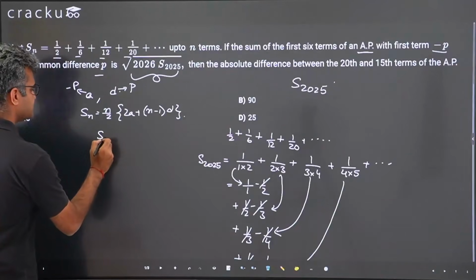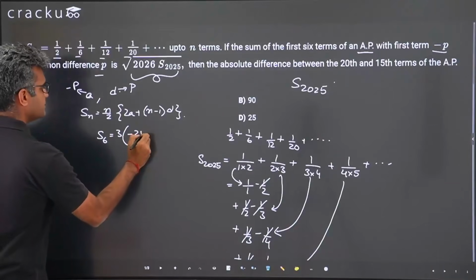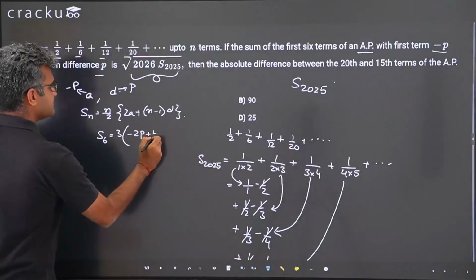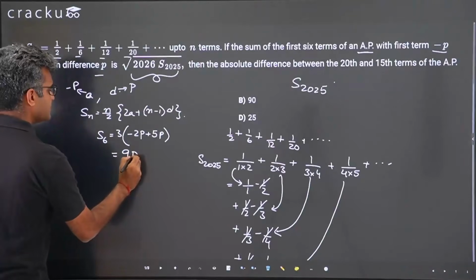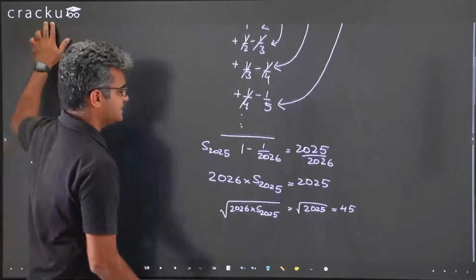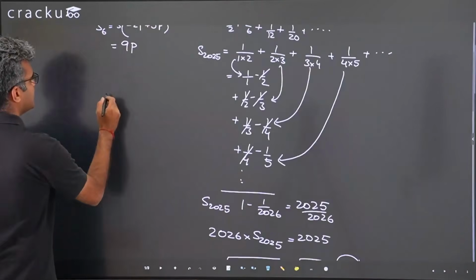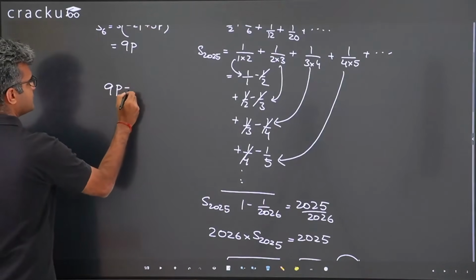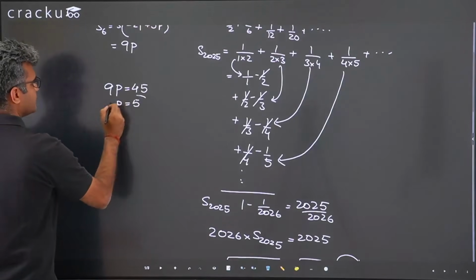So S of 6 is equal to 3 times minus 2p plus 5p. This is equal to 9p. This is the sum of the first 6 terms of the arithmetic progression, that is equal to 45. So 9p is equal to 45, or the value of p is equal to 5.